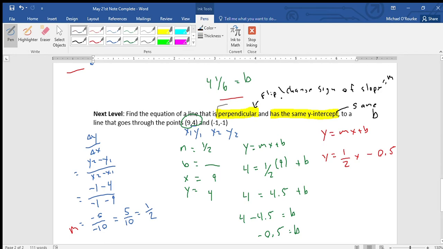Now let's do our question. We need a perpendicular line and the same y-intercept. So we need to find what our m and our b are going to be. Well, it has the same y-intercept, so let's just keep that the same, negative 0.5. Now it's a perpendicular line, so we're going to have to take the negative reciprocal, which means we're going to flip and change the sign.